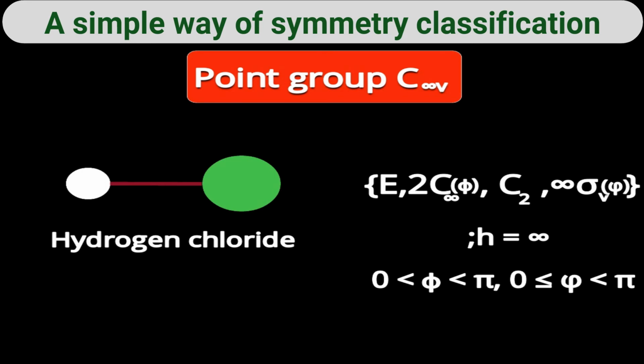But the C2 operation out of all possible operations of C infinity is separately represented. It is a coincident axis, or a coincident operation. There is importance in representing it separately. It doesn't mean it is a separate subsidiary C2 axis perpendicular to the principal axis.